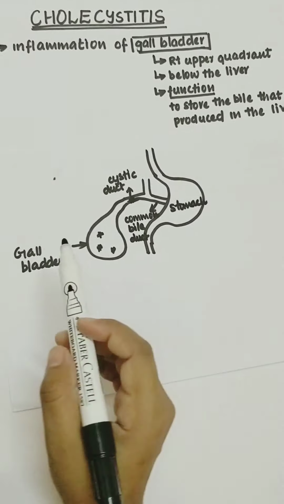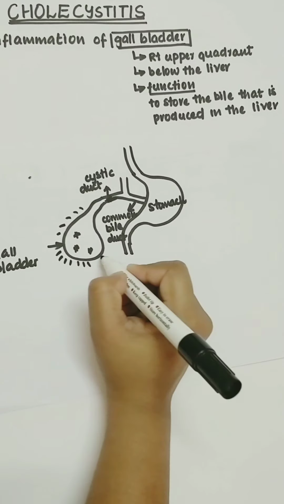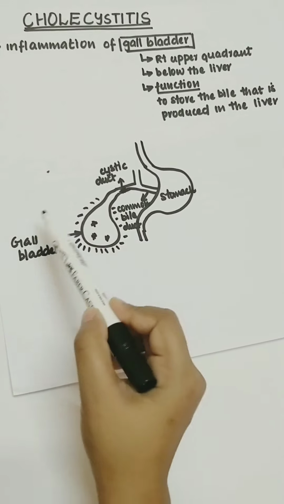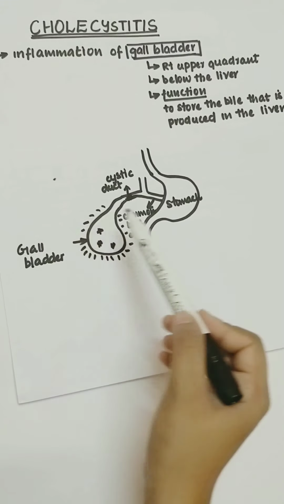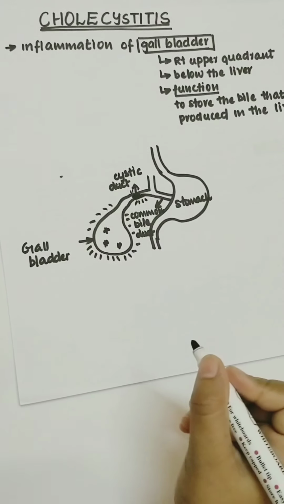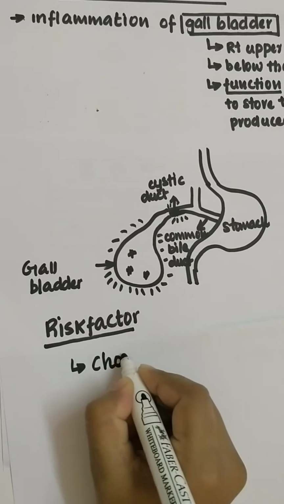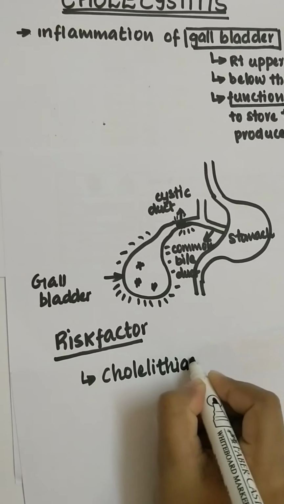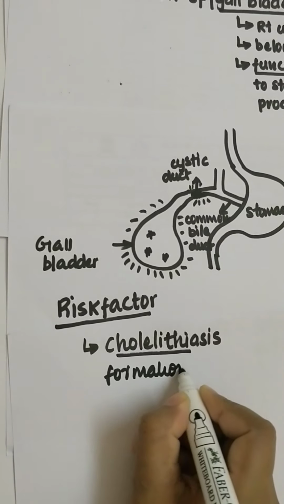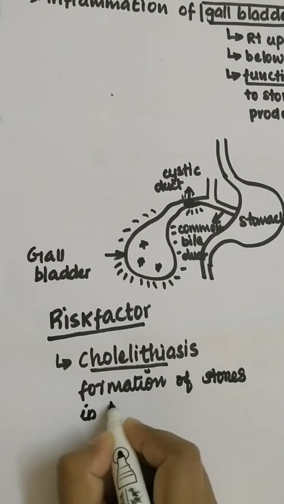This is the stomach. The inflammation of the gallbladder is represented using these markings outside the gallbladder, and this is the stone that is formed in the cystic duct. Now we will see the risk factor. The risk factor is cholelithiasis. Cholelithiasis means the formation of stones in the gallbladder.